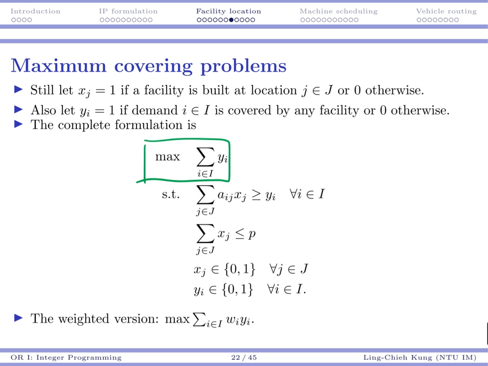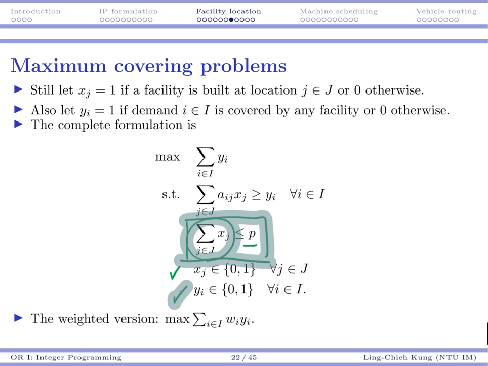We want to maximize the sum of yi, the number of demand points that we may cover. So now, how to do that? The first thing is that the number of facilities we build cannot be greater than P. That's okay. Binary, binary. The heart of this formulation is actually here.